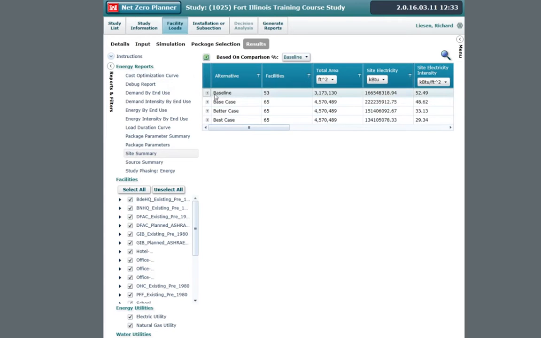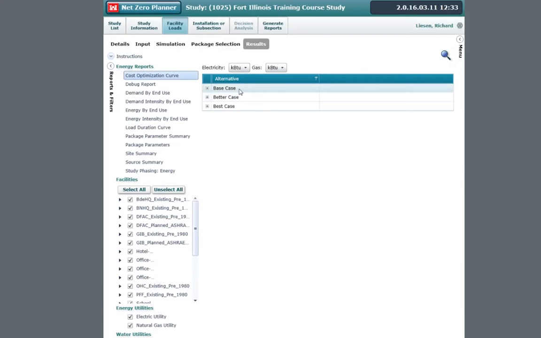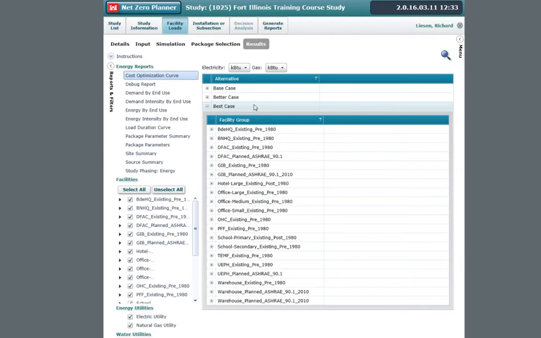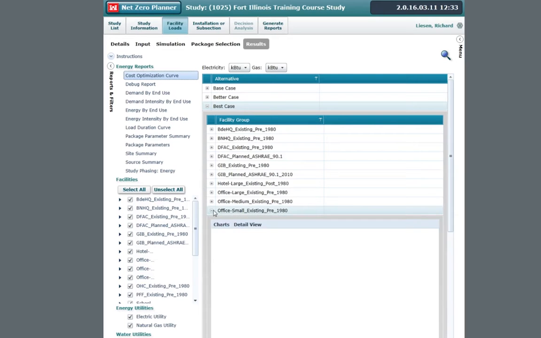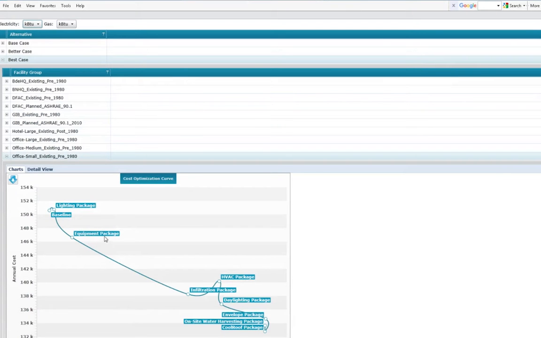And so we always have this cost optimization curve up here, and I'm just going to show it to you. It's kind of an interesting report. We had thought at one time that it would be interesting to try to show that curve, but what you find from looking at real buildings is different than looking at that theoretical curve.